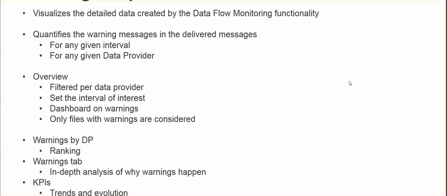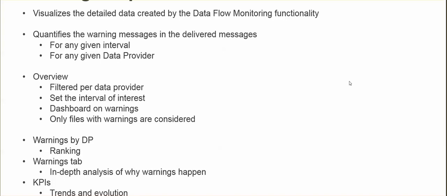What it does is visualize the data that is created by the data flow monitoring, and especially focus on the files that received at least one warning message during processing. If the files didn't receive any warning message, then they will be completely missing from this particular report. They will show up on the other report, the data processing report, but this warnings report is only focused on files that have warnings and spotting trends among those.